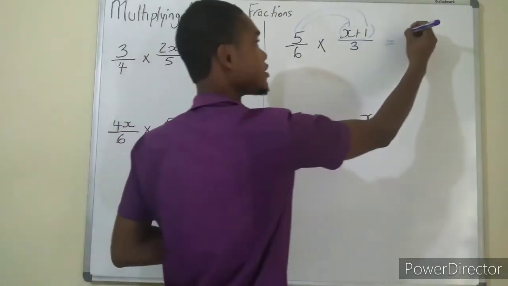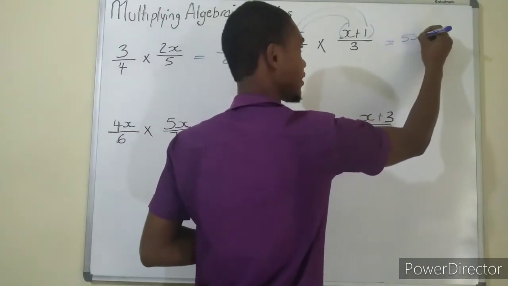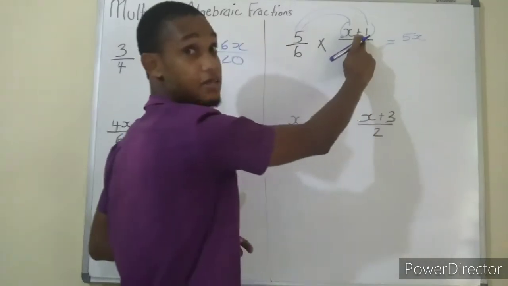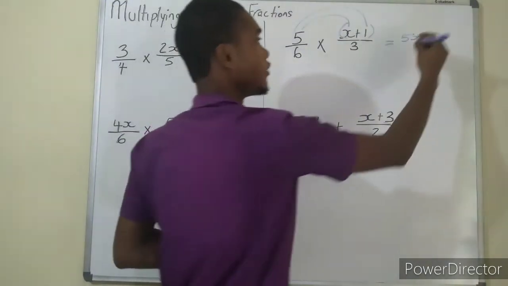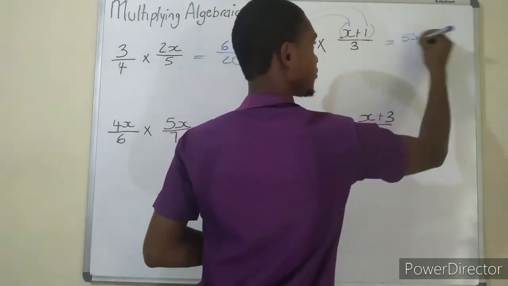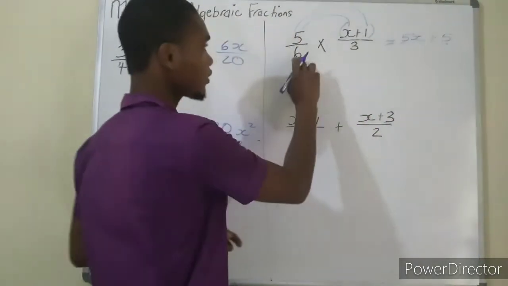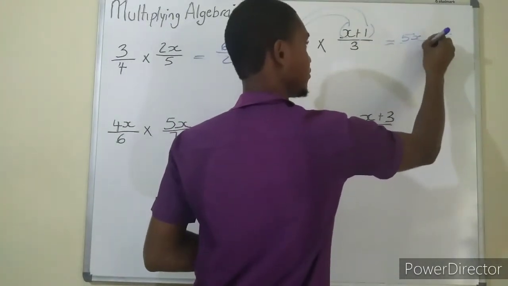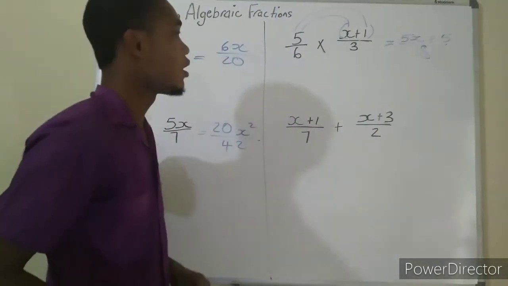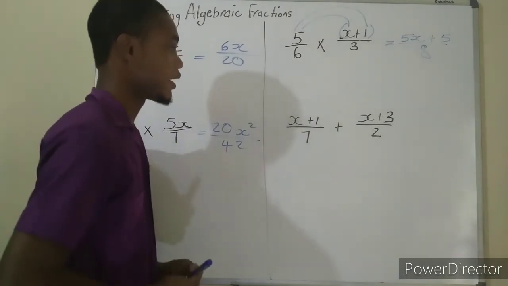So 5 times x gives you 5x. Then you put back whatever sign is in between, so plus, and 5 times 1 gives you 5. All over 6 times 3 gives you 18. And that's it. So now we go to the next part.